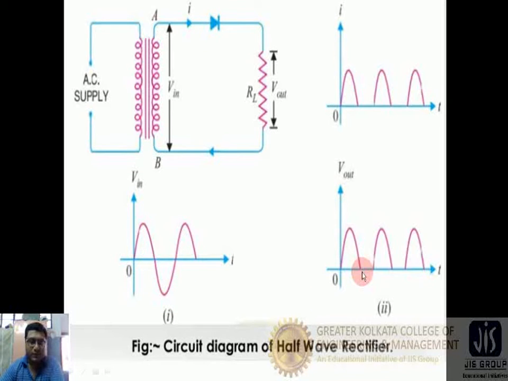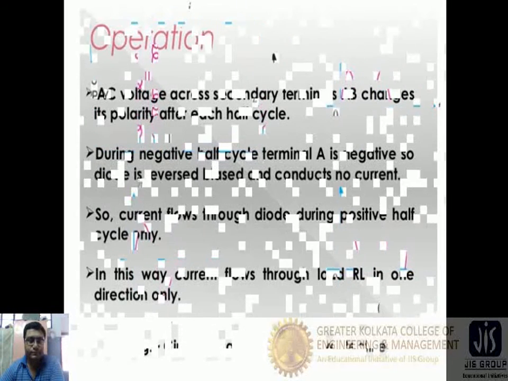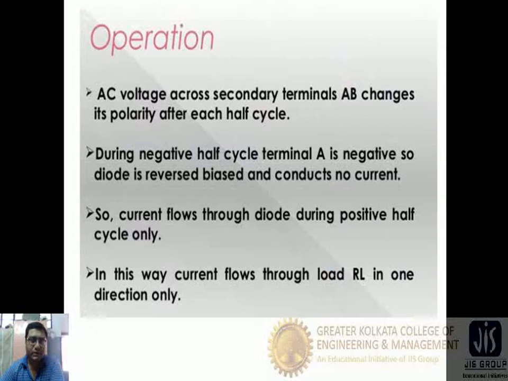So it is the circuit diagram and the graphical representation of a half-wave rectifier. So the operation: the AC voltage across secondary terminal AB changes its polarity after each half cycle.